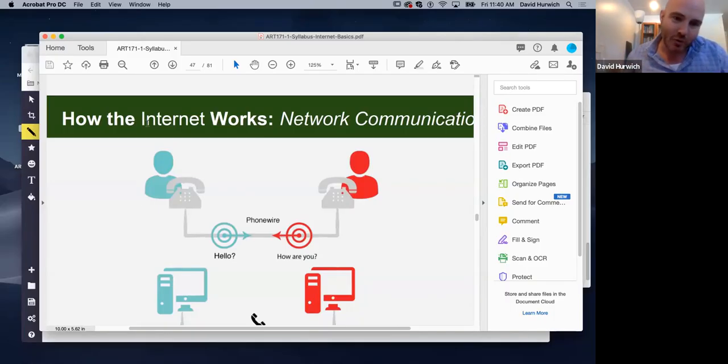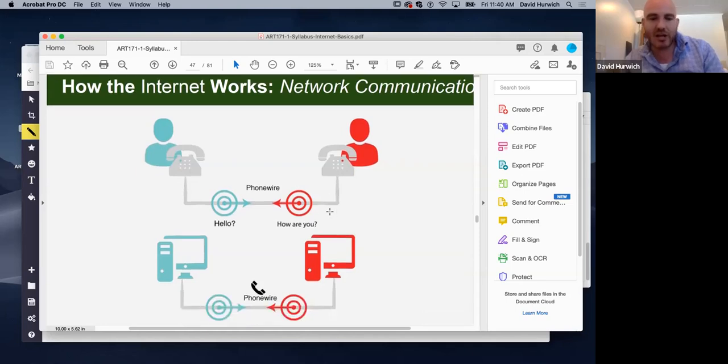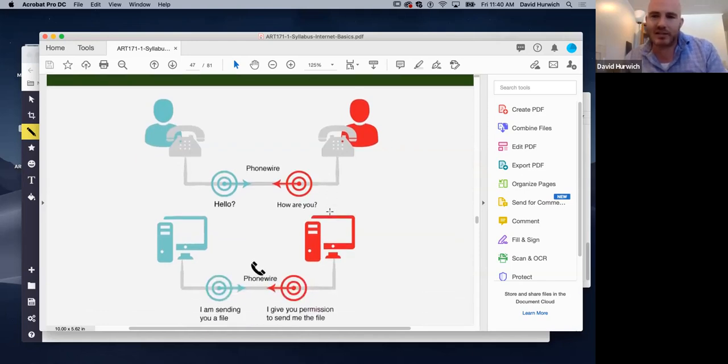Essentially the way it worked is, if I picked up a phone and said something, my voice would be converted into a sound signal that would travel the wire, come up on the other side, and be converted from signal back into voice. And computers basically did the same thing.